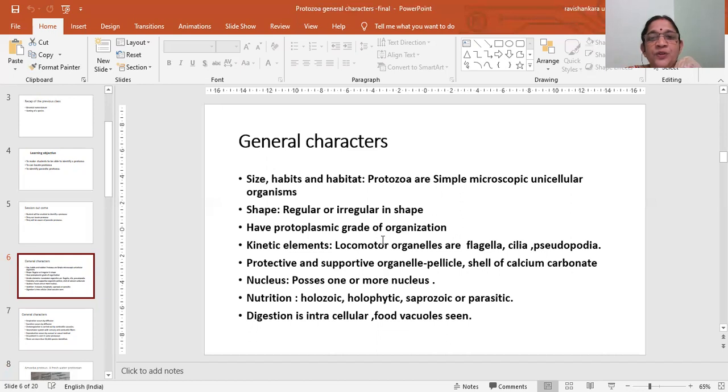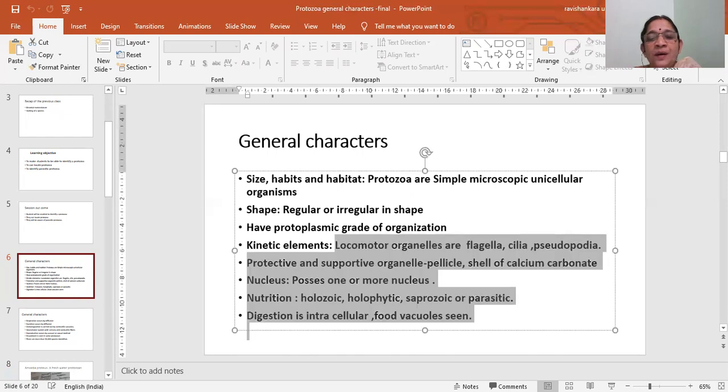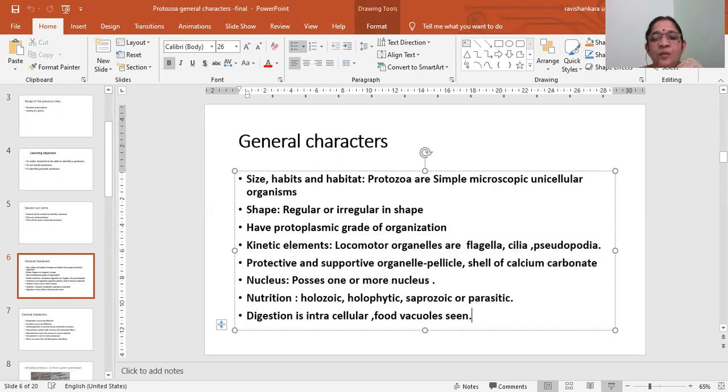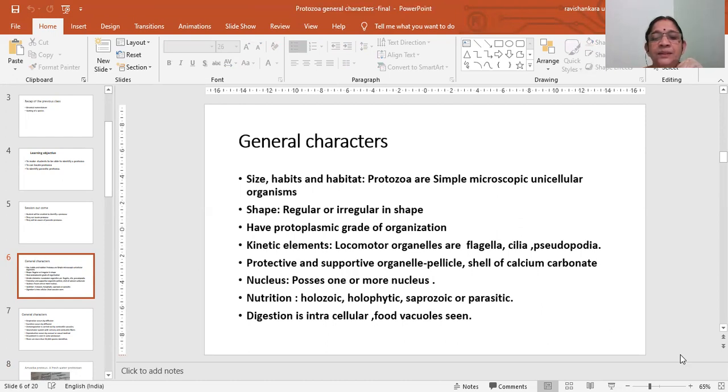A protozoan cell is mobile or locomotory. By means of several kinetic elements, the protozoa move. So what are the locomotory organelles found in protozoa? The protozoa have certain locomotory organelles, or structures, which cause the movement of the protozoan.